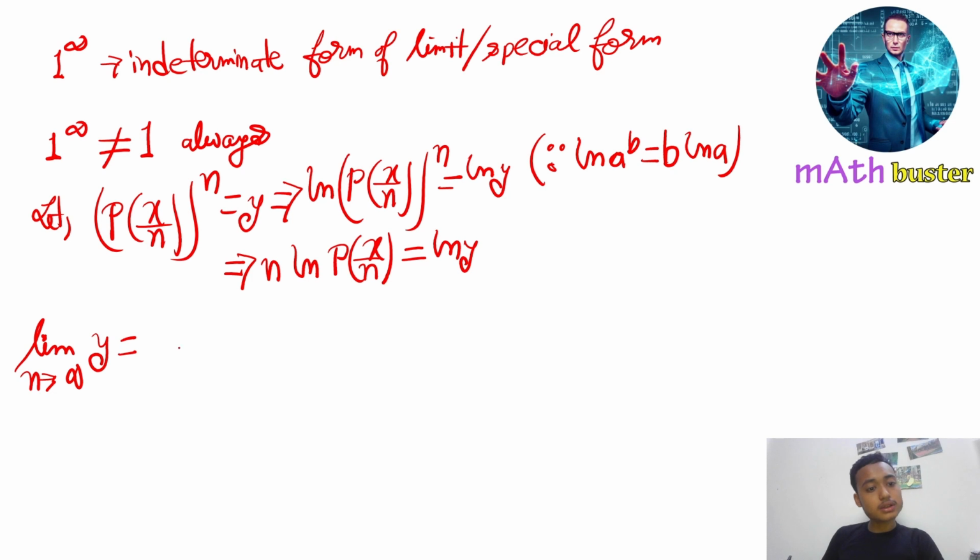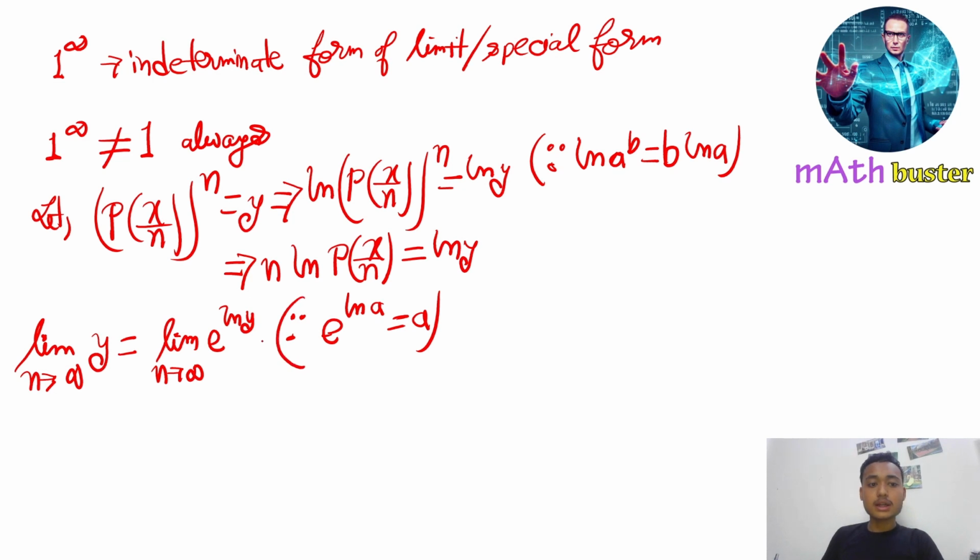Y is equal to limit of n tends to infinity of e to the power ln y. This is because e to the power ln a is equal to a. Now this is equal to e to the power limit of n tends to infinity of ln y.